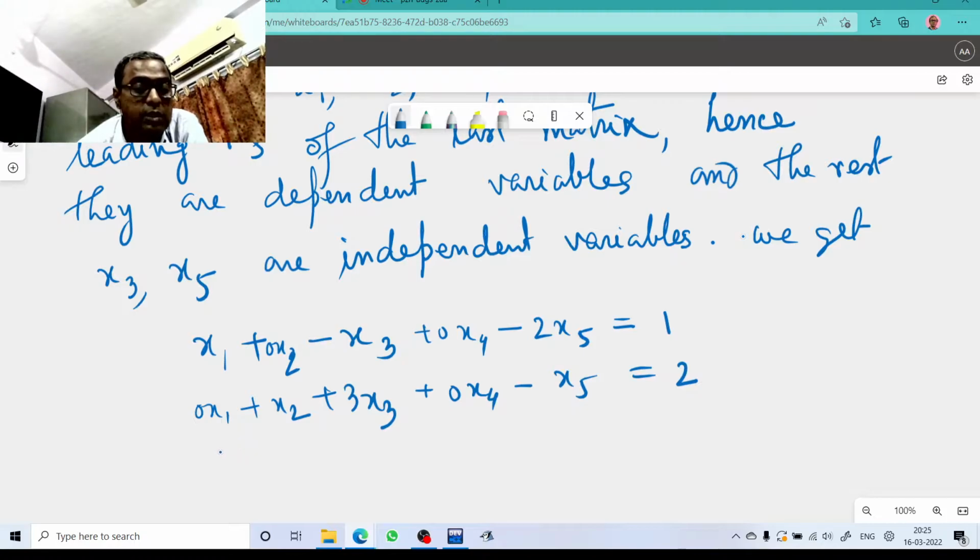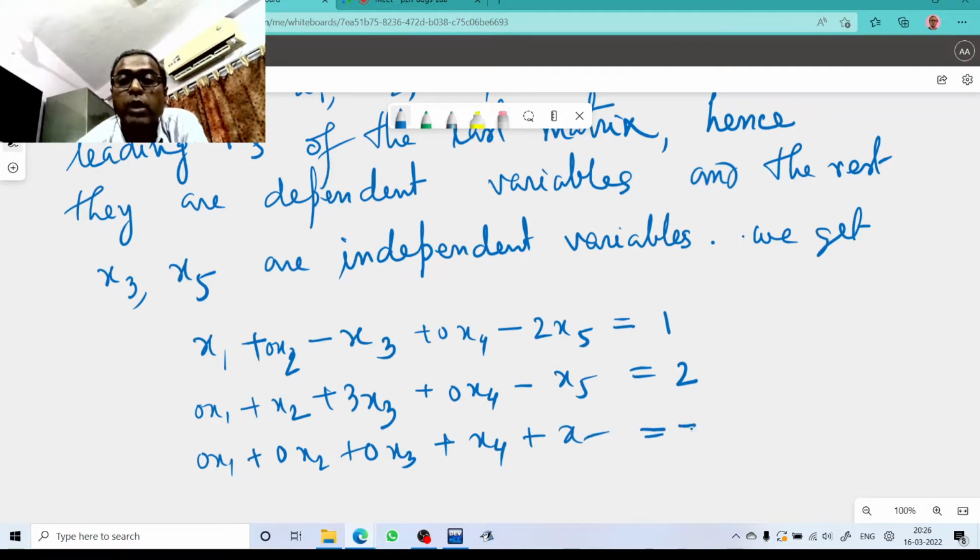And from the third row, 0 into x1 plus 0 into x2 plus 0 into x3 plus x4 plus x5 equals minus 2. So here the independent variables are x3 and x5.